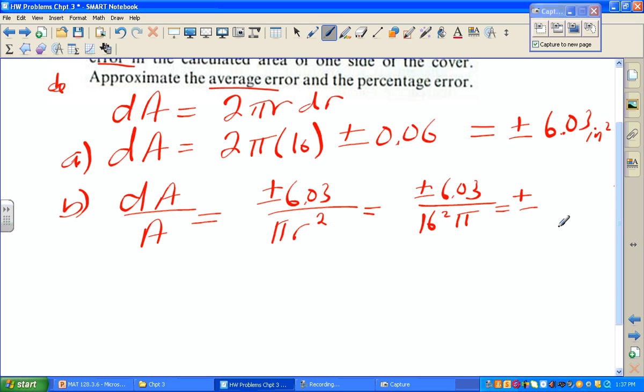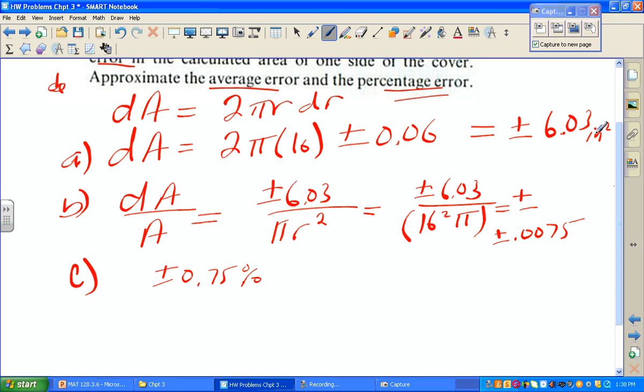And that'll give you some decimal when you calculate it out. Make sure you use parentheses around the denominator. 0.0075. And now the percentage error is plus or minus 0.75%. Is that even close? Yes, sir. Great.